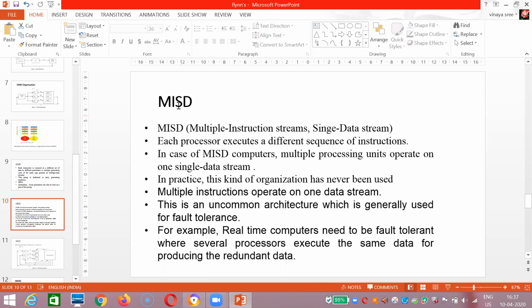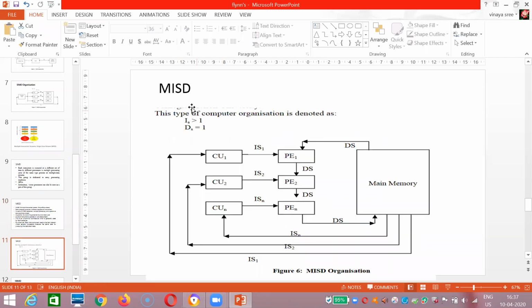This kind of classification will be used. See here, with multiple instructions, control units will be multiple. So multiple instructions and single data. Since it is mentioned as single data, memory modules will not be given, only a single main memory will be here.